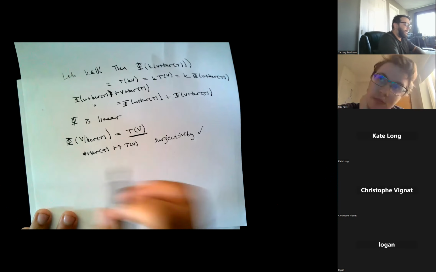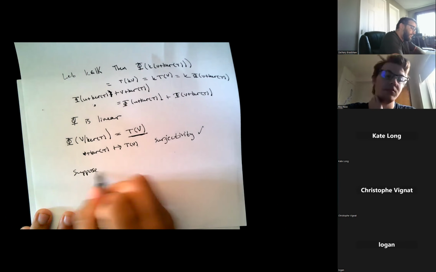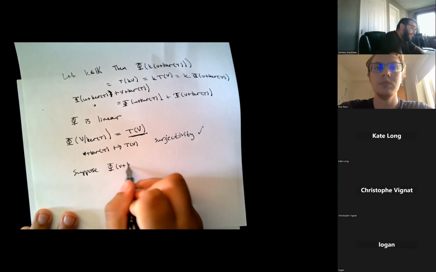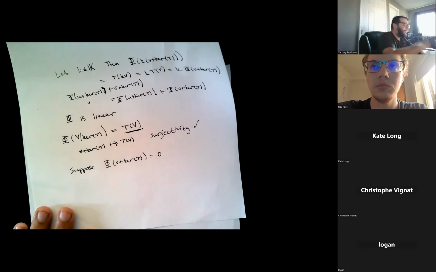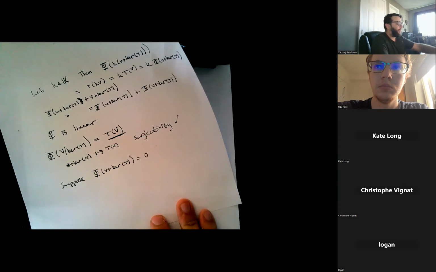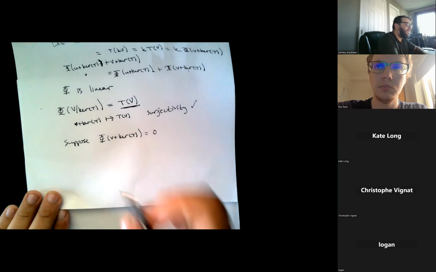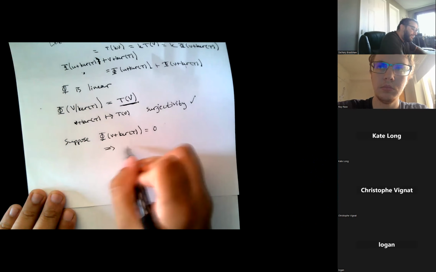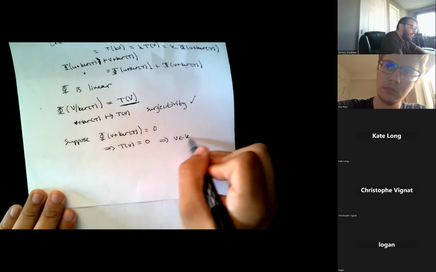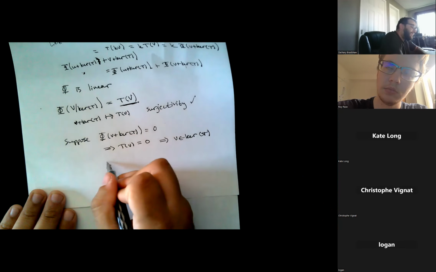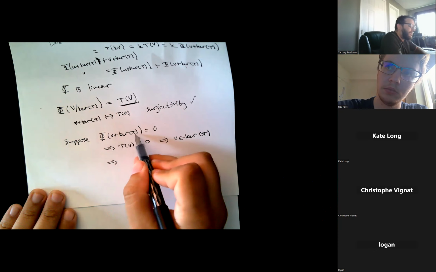Right. Injectivity. Suppose phi of v plus kernel of t is equal to 0. And we're going to use that proposition that tells us that when the kernel is equal to 0, then phi is injective. So this implies that t of v is equal to 0, which implies that v is in the kernel of t. And if v is in the kernel of t, well, the kernel of t is a subspace, right?